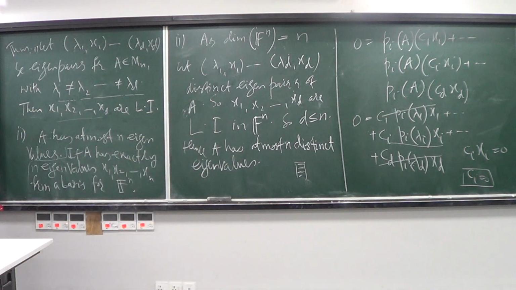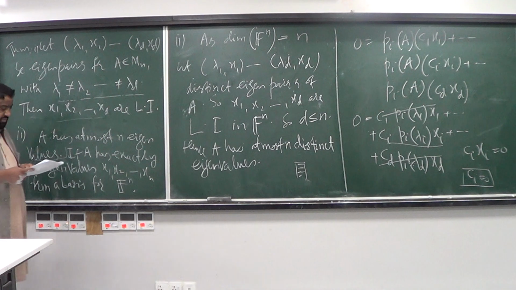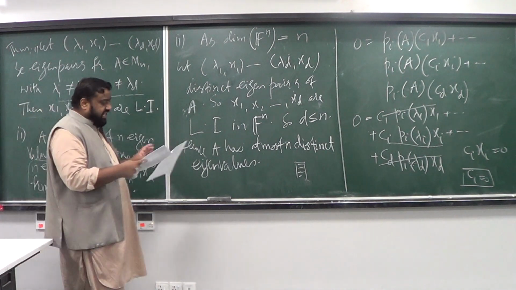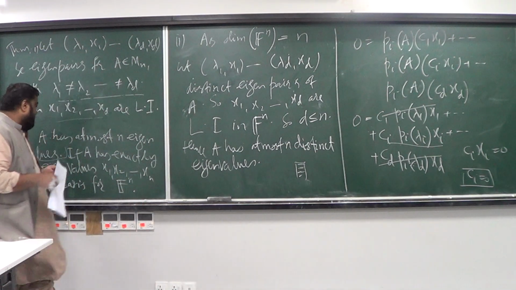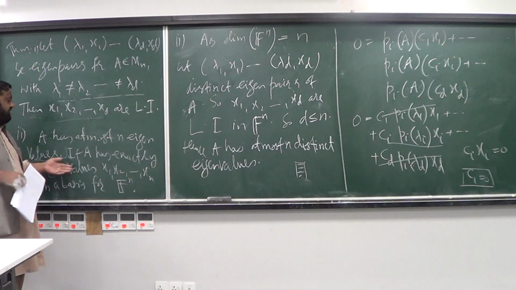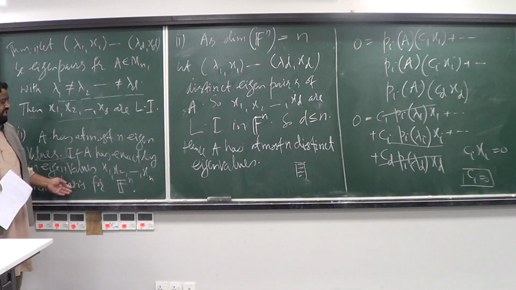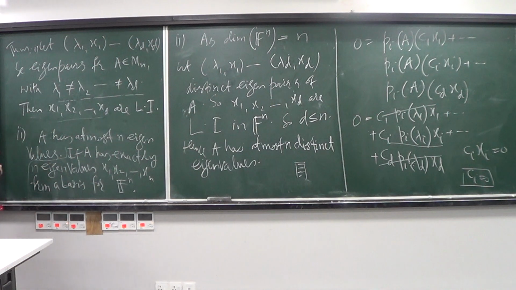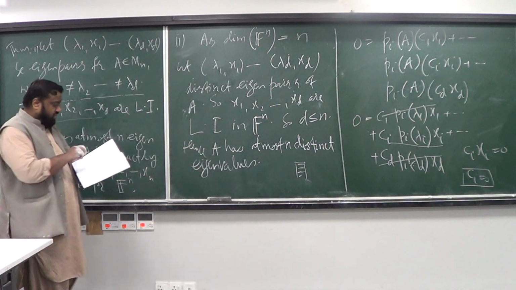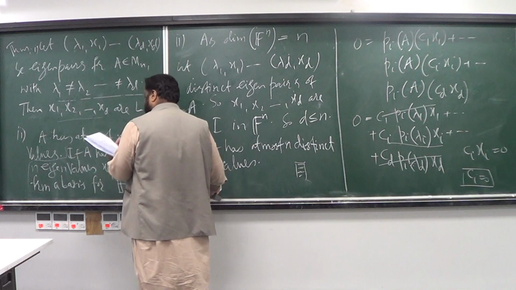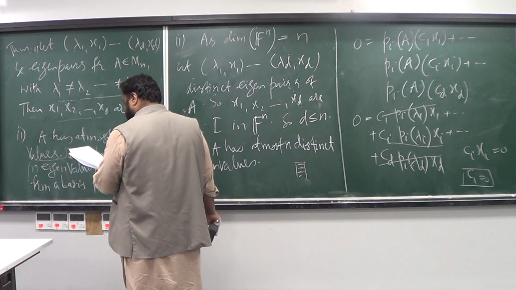And if you have n eigenvalues, then the eigenvectors constitute a basis for Fn. This is an important fact that we're going to use later at different places.